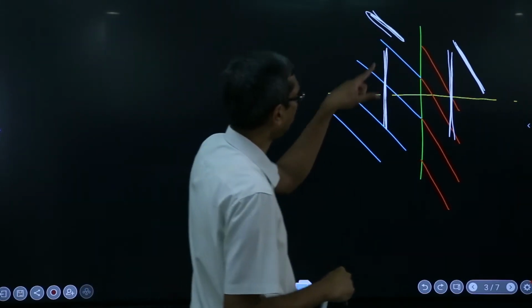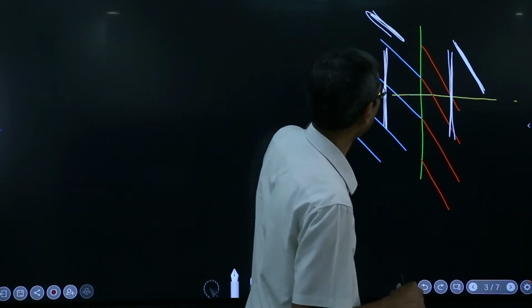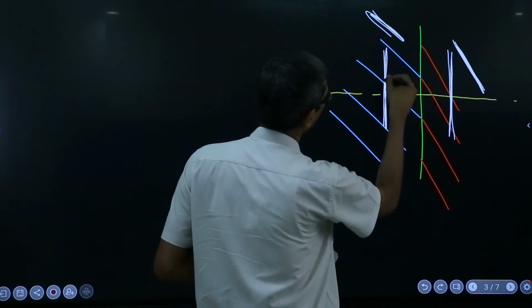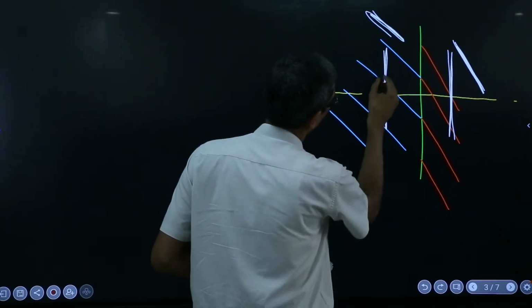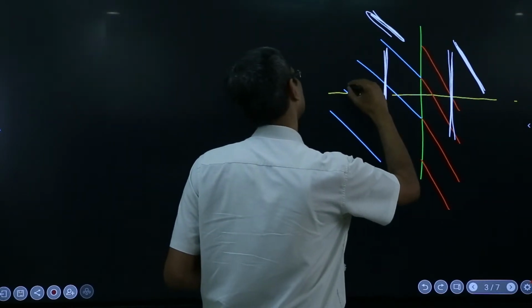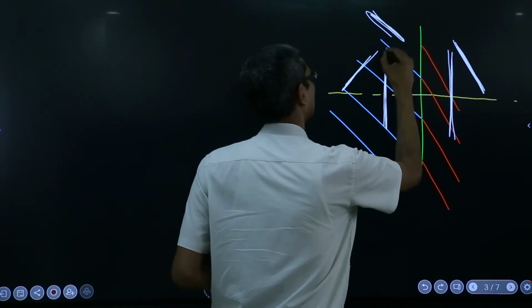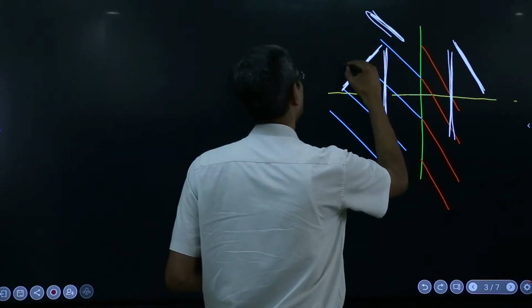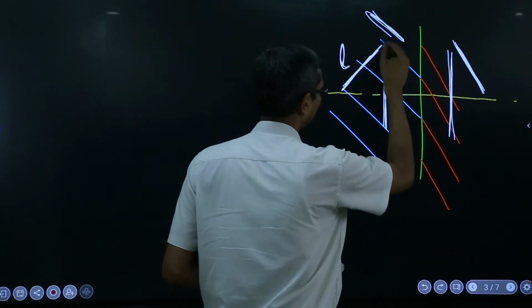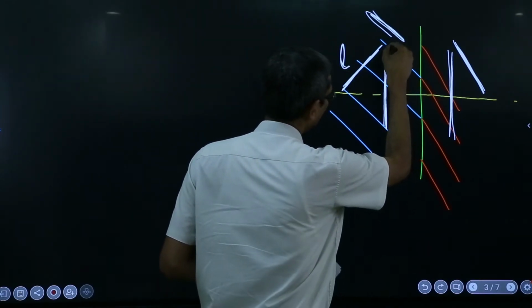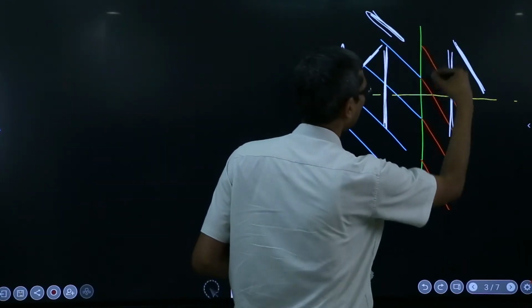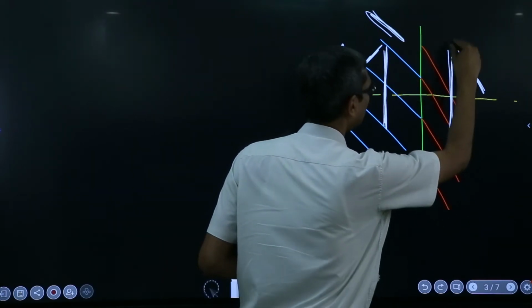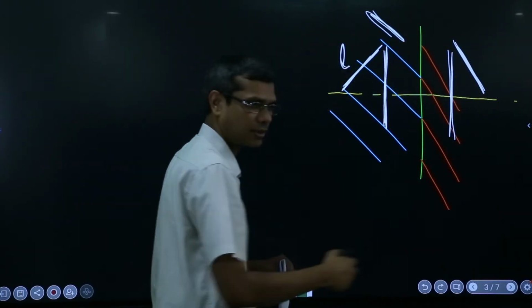Okay. Now if you do this, what's happening is, if you consider a column of length L, its equivalent will be here, and the same length here will be more than that in this case.